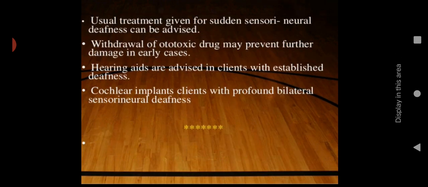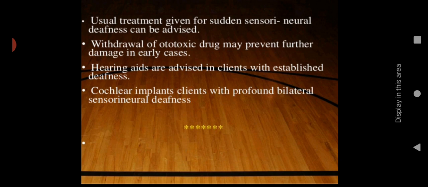Then the usual treatments given for sudden sensorineural deafness can be advised. Withdrawal of the ototoxic drug may prevent further damage in early cases. If the person has symptoms of ototoxicity in the beginning, we can stop or withdraw the ototoxic drugs. It will help to prevent permanent defect. Hearing aids are advised in clients with established deafness.